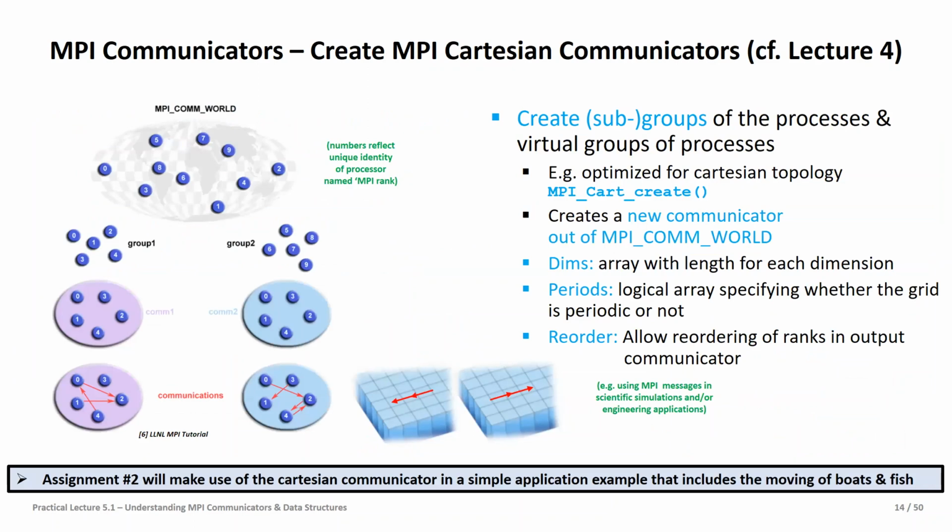We also learned before our MPI Cartesian communicator, and we learned that it's a very powerful tool, and that of course MPI enables us to really create groups of different communicators. That's what we will also do in later parts of this course. But the Cartesian communicator has a very interesting structure that comes with it.